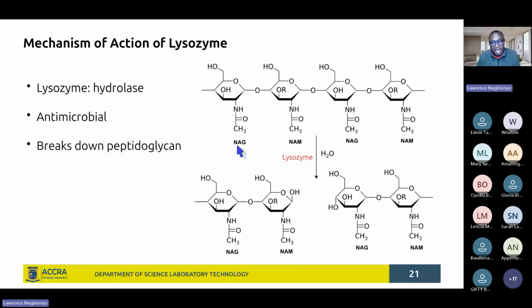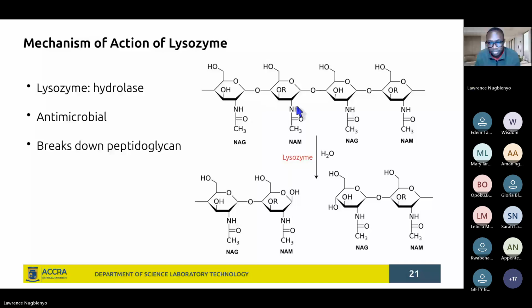So what you see here, NAG, is N-acetylglucosamine. And NAM is N-acetylmuramic acid.